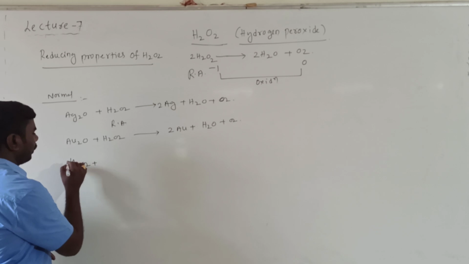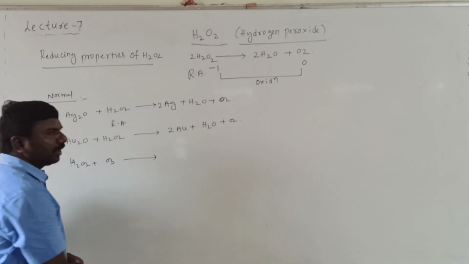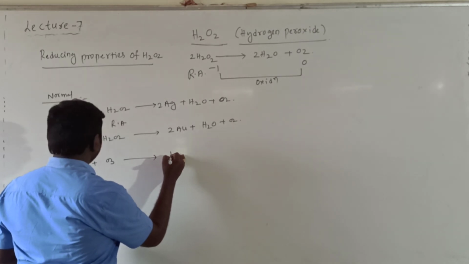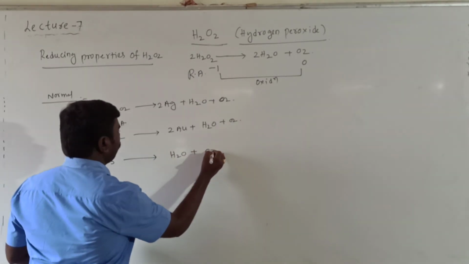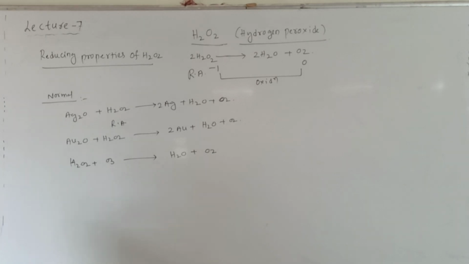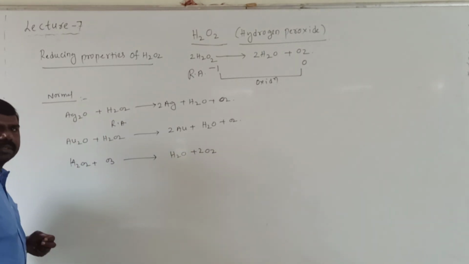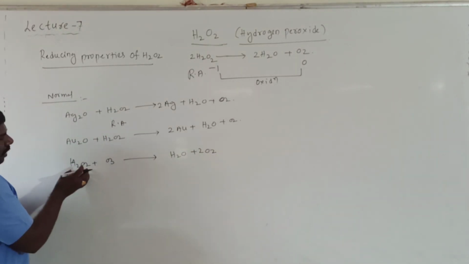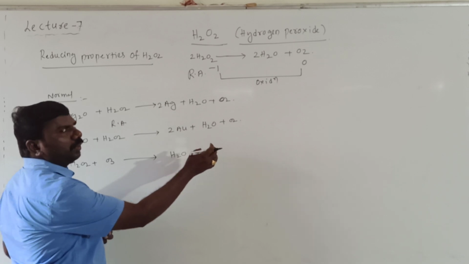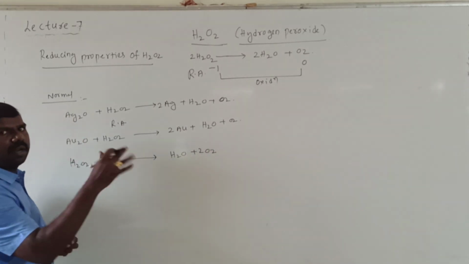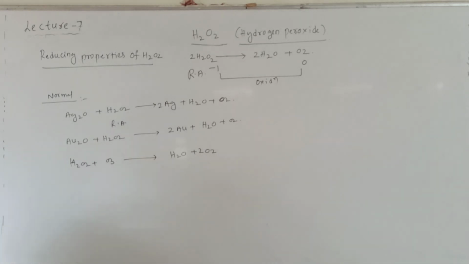H2O2 plus O3 gives rise to H2O plus O2. Next, ozone is reduced to oxygen. 3 oxygens to 2 oxygens. One oxygen removed, that is called reduction.